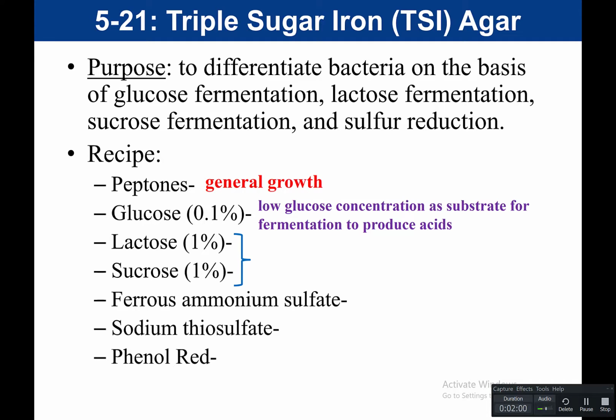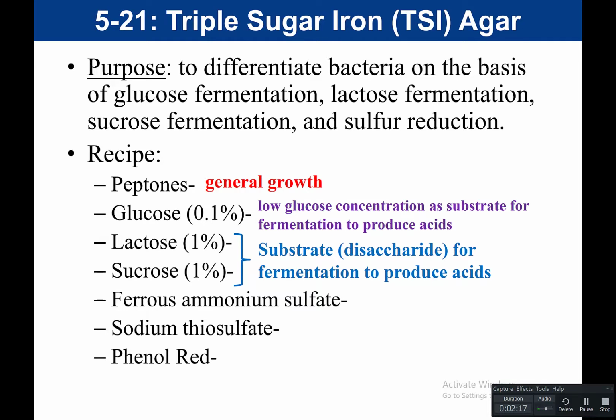Once the glucose runs out, because it's only at a low concentration, bacteria then have another choice. They can either use a disaccharide like lactose or sucrose, or they can use peptones. The lactose and sucrose are there as a substrate, the disaccharide, for fermentation to produce acids. So we not only can test if the organism can ferment glucose, but we can also see if they can ferment lactose or sucrose in addition to glucose.